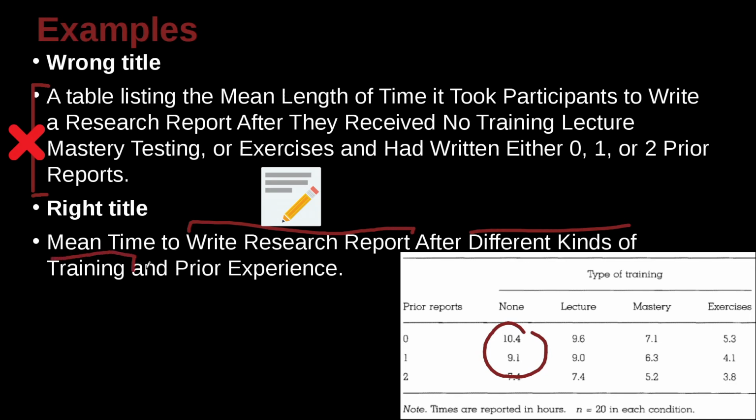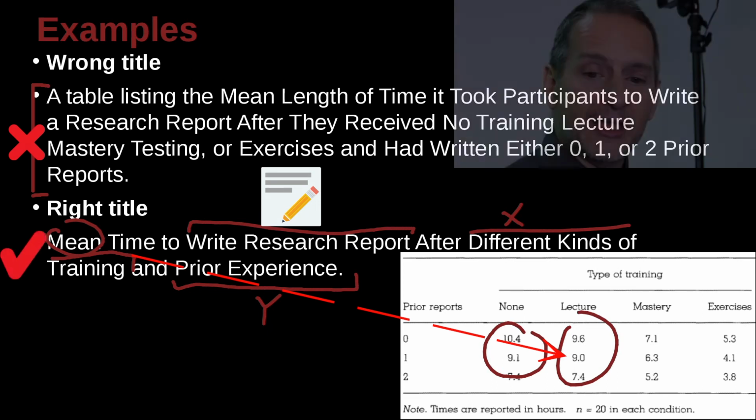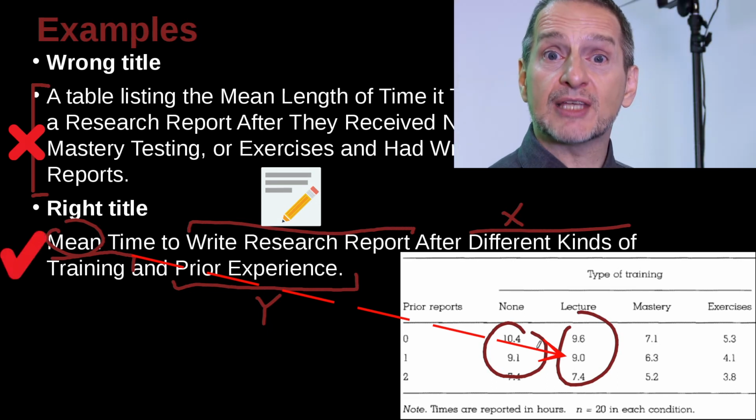So the different groups had different training, and the different groups had different experience. So these are like variables, right? So this is like variable X. This is like variable Y. And then the mean time is the measurements that's inside the table. That's pretty straightforward. That's a nice way to help me quickly see what this table is about.